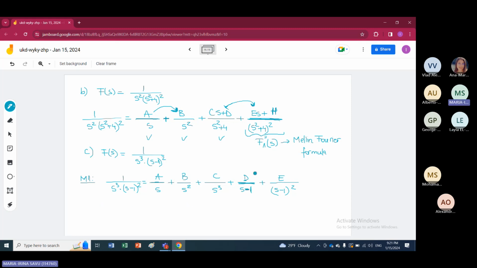Let's make some computations. We multiply this one by s cubed times s minus 1 squared, and we get that 1 is a times s squared times s minus 1 squared, plus b times s times s minus 1 squared, plus c times s minus 1 squared, plus d times s cubed times s minus 1, plus e times s cubed.